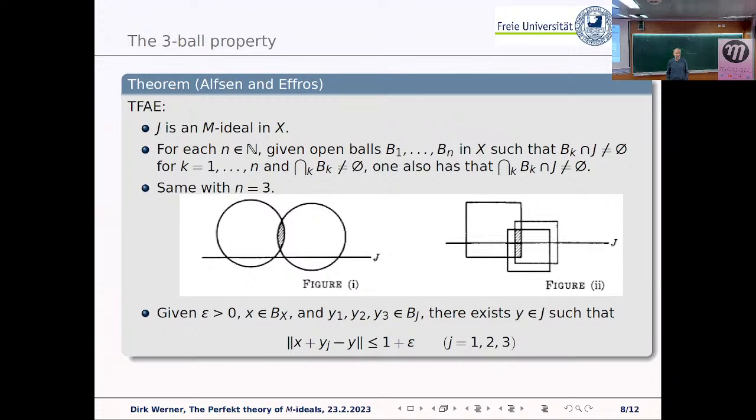And we were able to characterize the positive solution to the biduality problem just by considering the situation of H_P naught, the small weighted space, being an M-ideal in the big one. And I don't know if you have had the chance of looking at this work, or if you have thought whether you could maybe solve the biduality problem using these things.